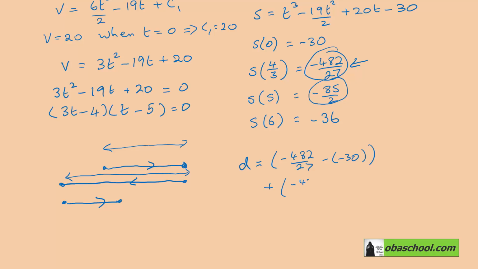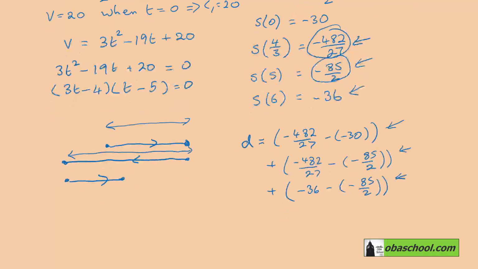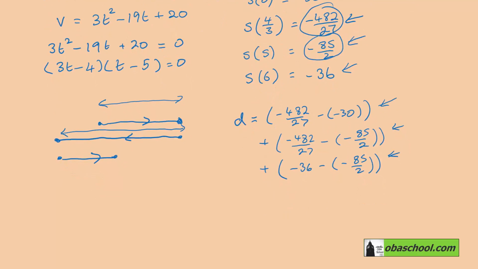So that's negative 482 over 27, take away negative 85 on 2. And then finally it goes from here to here. So that is negative 36, take away negative 85 on 2. And all I've done is arrange these so that they all end up positive, because remember, distance is always positive, not negative like displacement can be.